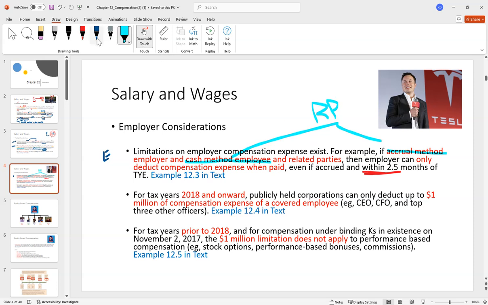When we have this set up, where the corporation is accrual, the employee is cash basis, and most individual taxpayers are cash basis, even if they pay it within the window, we're still going to say year two. This is the exception to it.